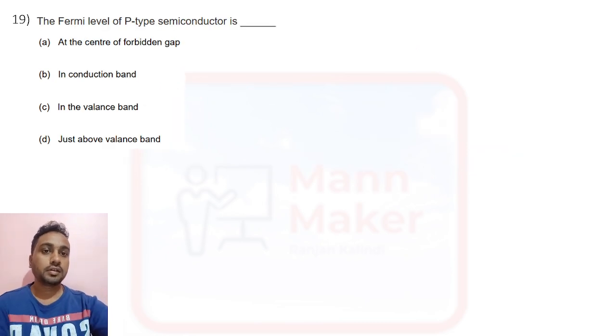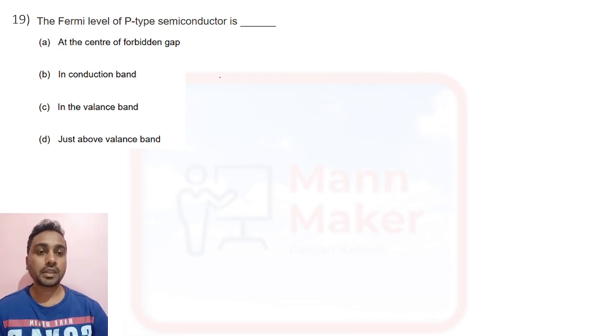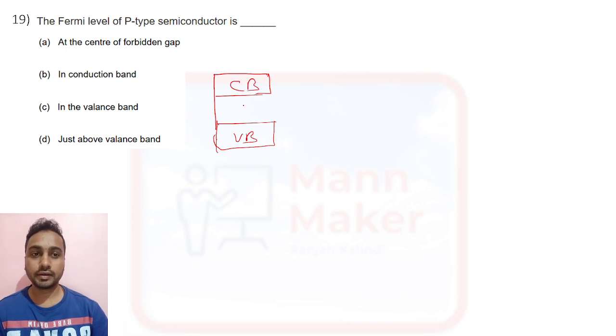Now, the Fermi level of a p-type semiconductor is, if we see the energy band diagram, like this. This is the valence band and this is the conduction band. In between, there are three conditions for the Fermi level.